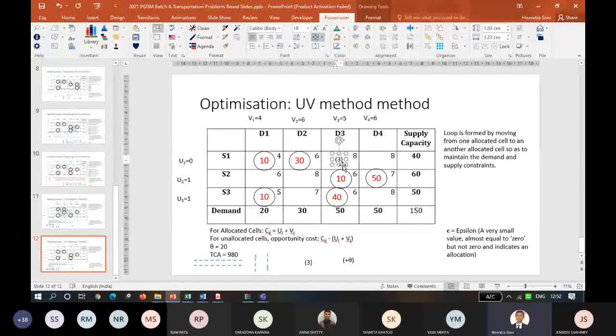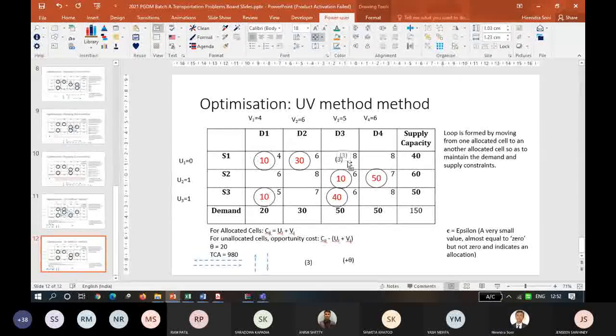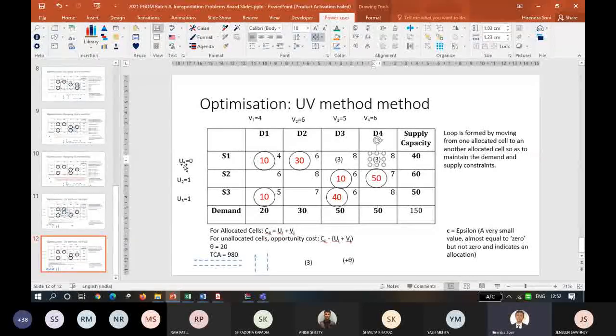What about this one? The next cell, 8 minus 0 plus 6. 8 minus 0 plus 6 is 6. 8 minus 6 is 2.